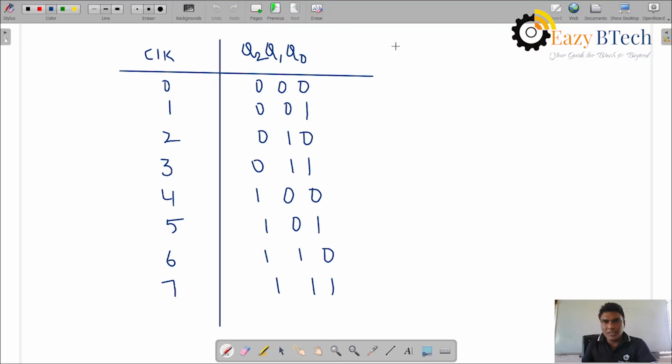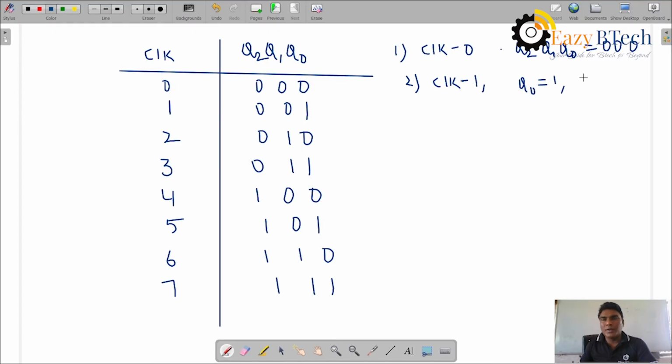Let me explain here. Initial clock, clock 0: Q2, Q1, Q0 are in no change state, 0 0 0. Then clock 1 is applied. What happens? Q0 is equal to 1.